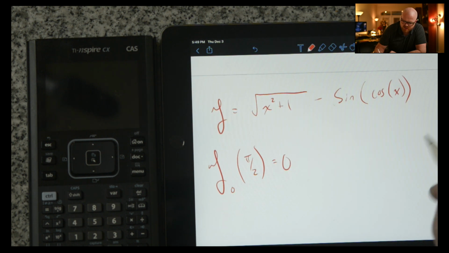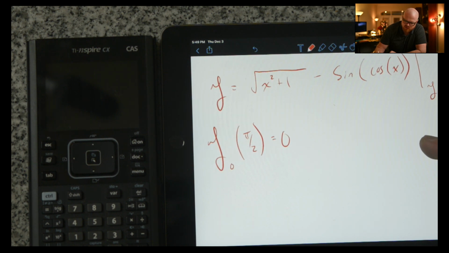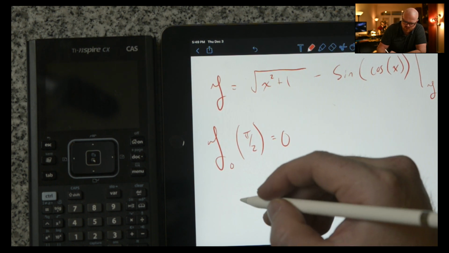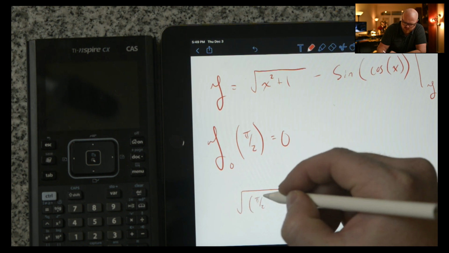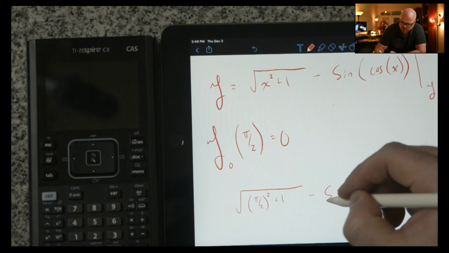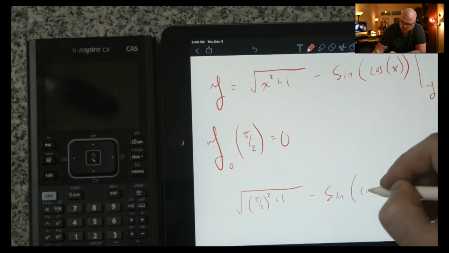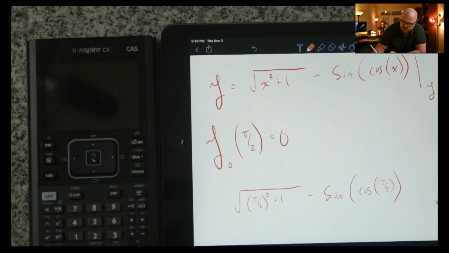So when we plug this in, we want to evaluate this at pi over 2. That shouldn't be too difficult. We'll have square root of pi over 2 squared plus 1 minus sine of cosine of pi over 2, and then we'll want to set that equal to 0.